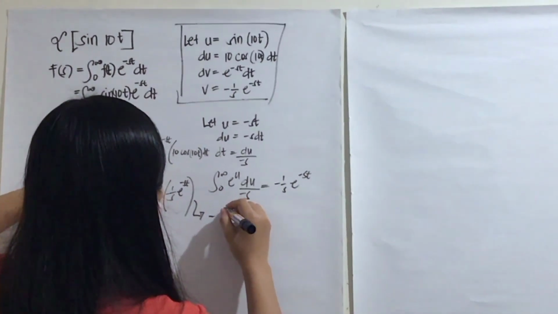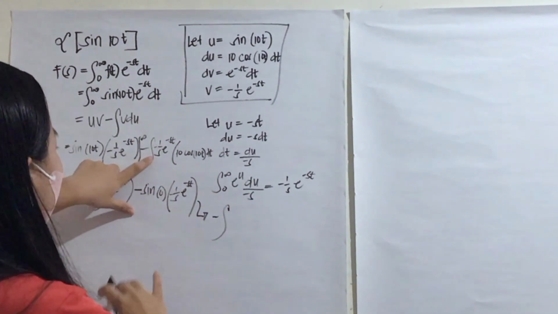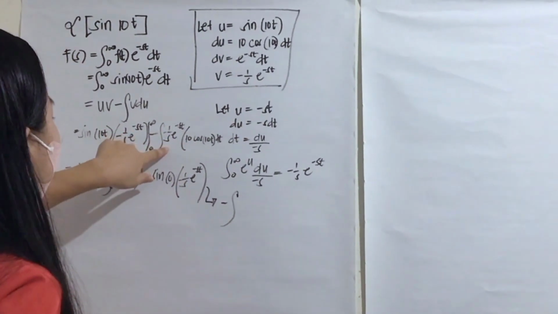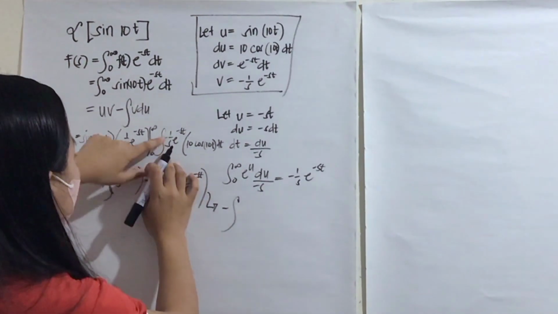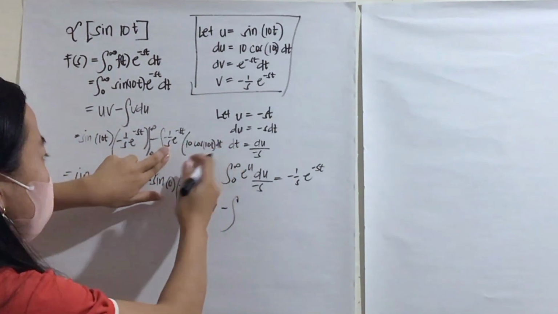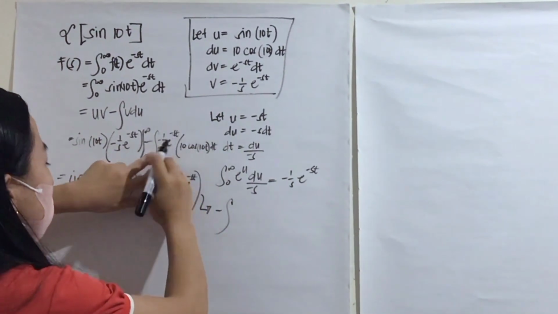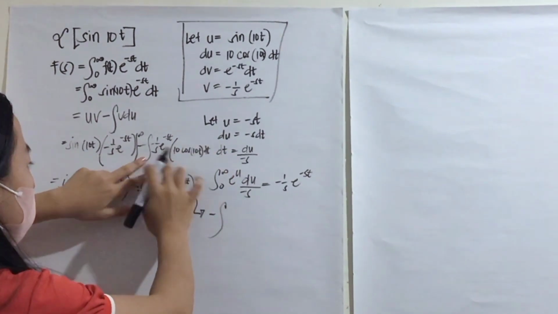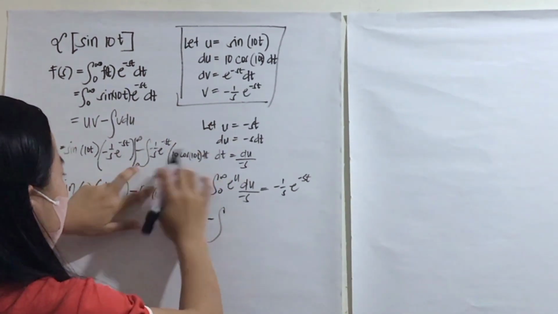minus the integral of, so as you can see, we have two constants, the negative 1 over s and the negative 10. So we need to factor this out in order to eliminate this term, because this is constant. We can integrate this term.